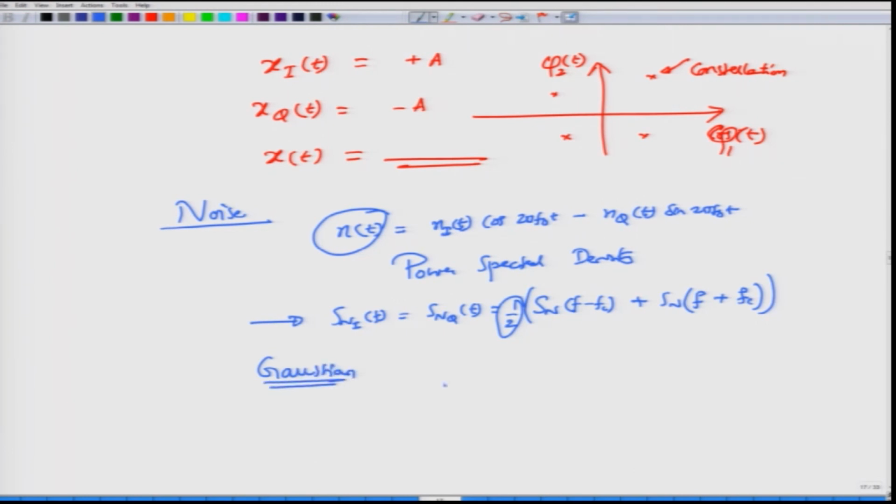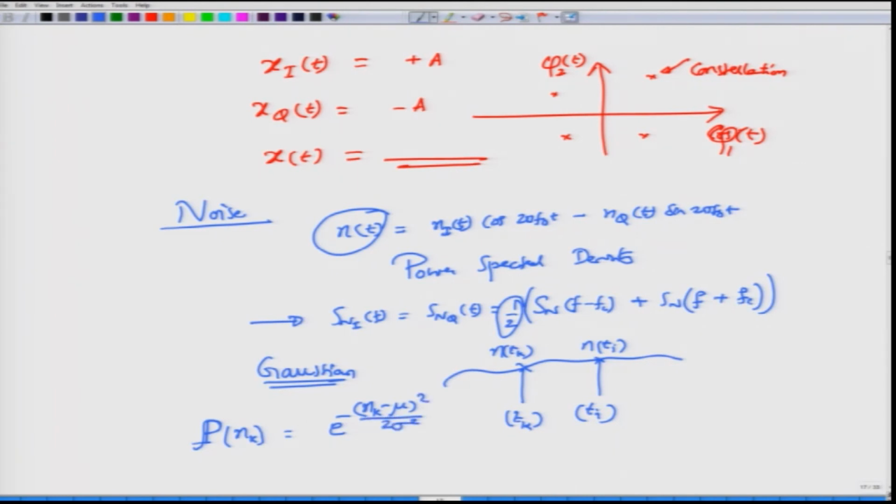What it means is that if this is a noise process, when you sample this noise at a time t k, and then sample the noise at another time t i, what you are going to generate will be noise random variables, and these random variables are assumed to be uncorrelated with each other, and the probability density function of this random variable will be given by 1 by sigma root 2 pi times e to the power minus n k minus mu whole square divided by 2 sigma square, where sigma n, let us say, is the noise variance, as we would call it.